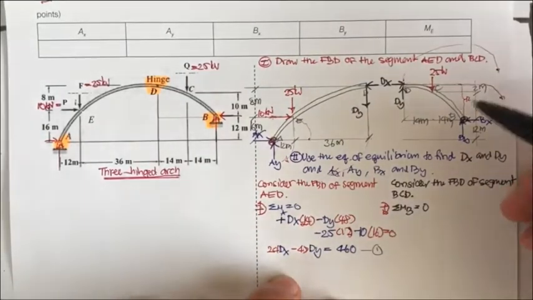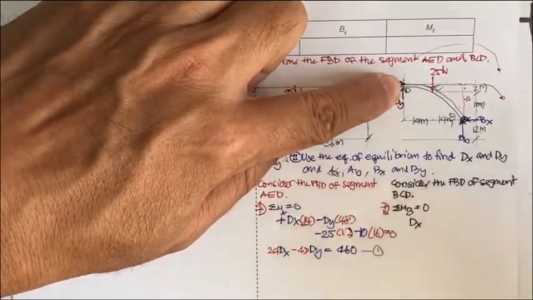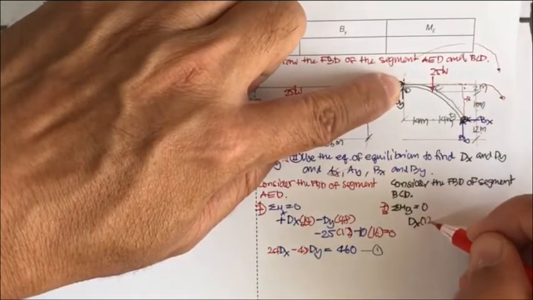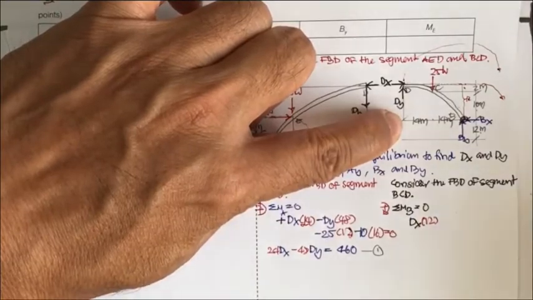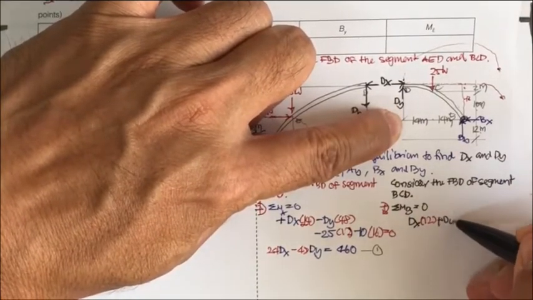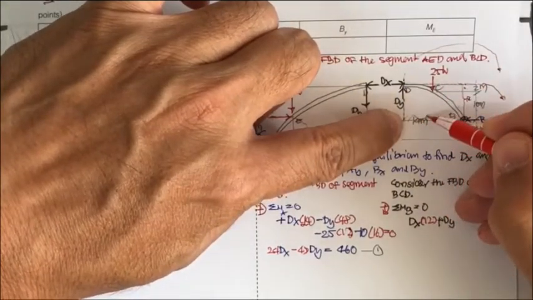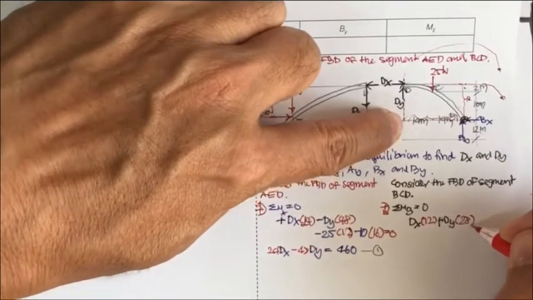So D sub x is here, and it's going to times 12, and in the same direction plus D sub y, which has a line of action here, so it's going to times 28.